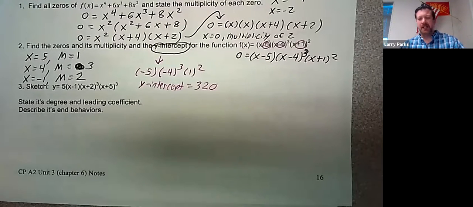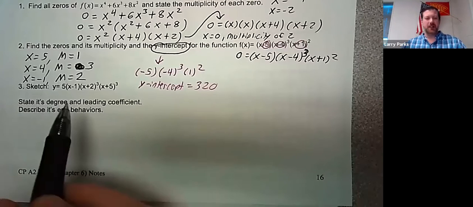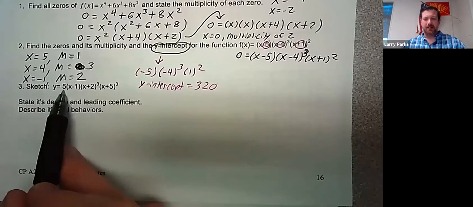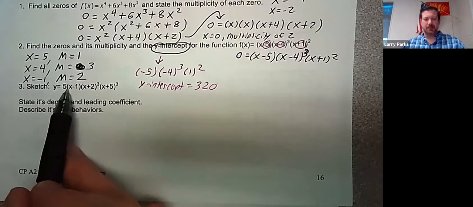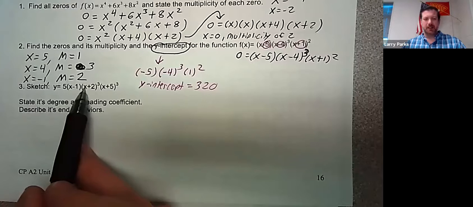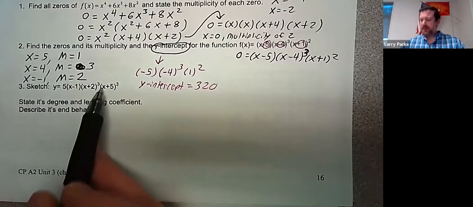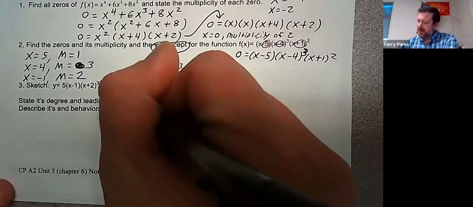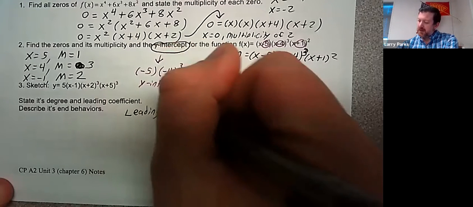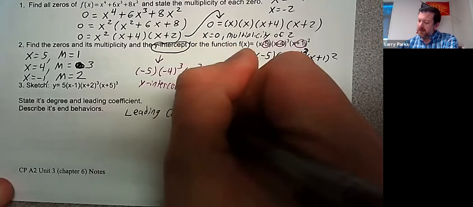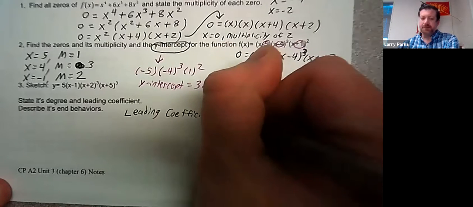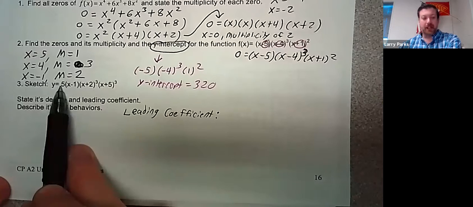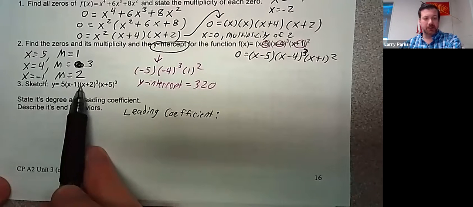So if I want the number in the very front, that would be the leading coefficient. So to find the leading coefficient, I would take 5 times 1 times 1 times 1.